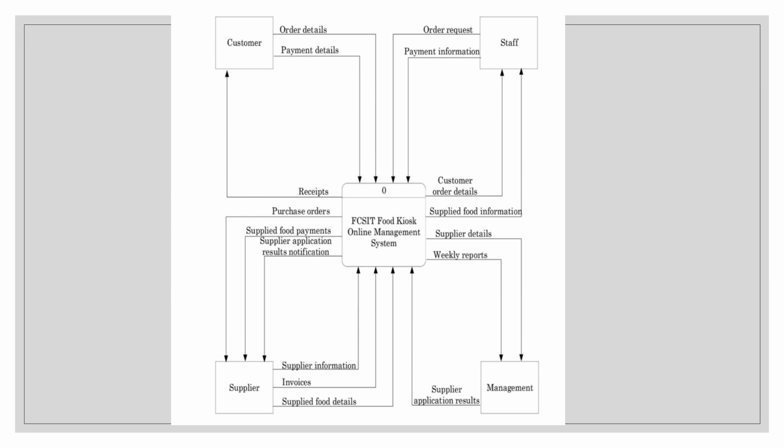Staff enter the order request and payment information, receive the customer order details, and supply the food information. Supplier enters supplier information, invoices, and supplies the food details, while supplier receives purchase orders, supply food payments, and supplier application results notification. Management enters supplier application results, supplier details, and weekly reports.